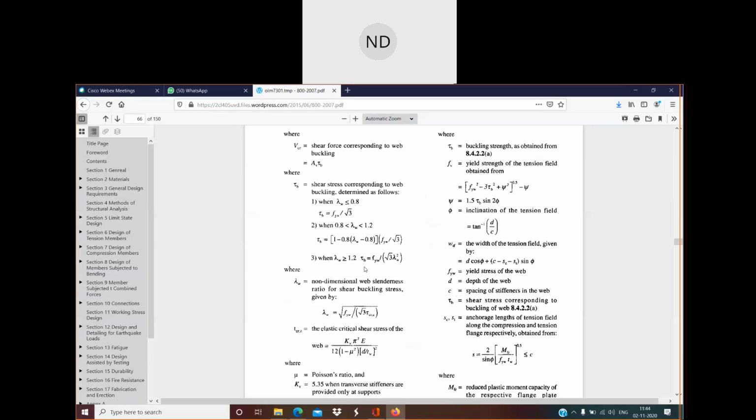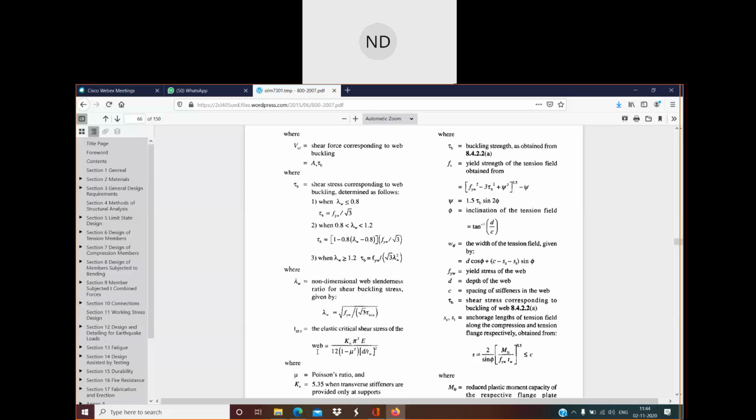Lambda w is the non-dimensional web slenderness ratio for shear buckling stress, given by lambda w equals root over fy by root 3 tau cr. Now to find out lambda w, we know fy, but we don't know what our tau cr value is, which is the elastic critical shear stress here. So to find this, you have to know these values.